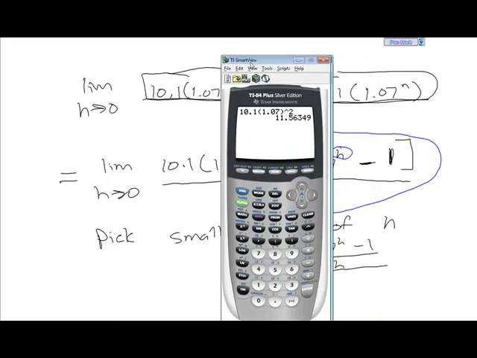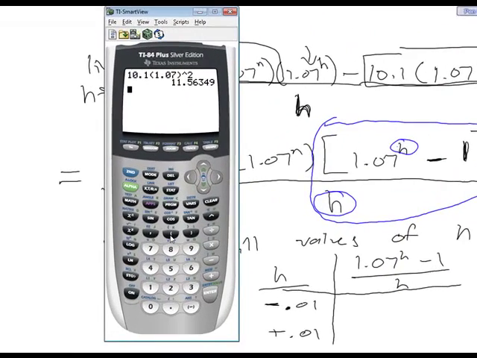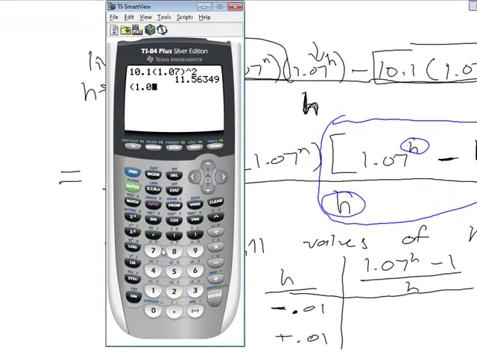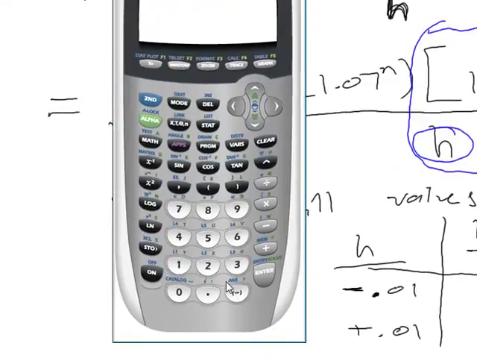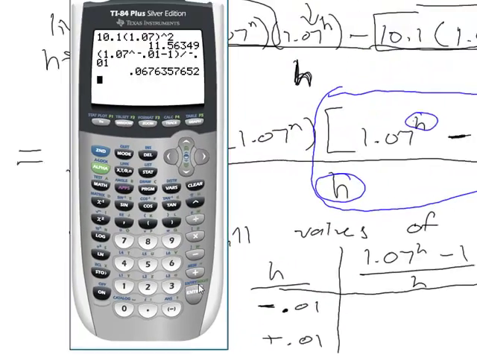So all I'm going to do is take 1.07 and raise it to the power of negative 0.01. I'm going to subtract 1 and divide it by the h that I'm using now, which is negative 0.01.